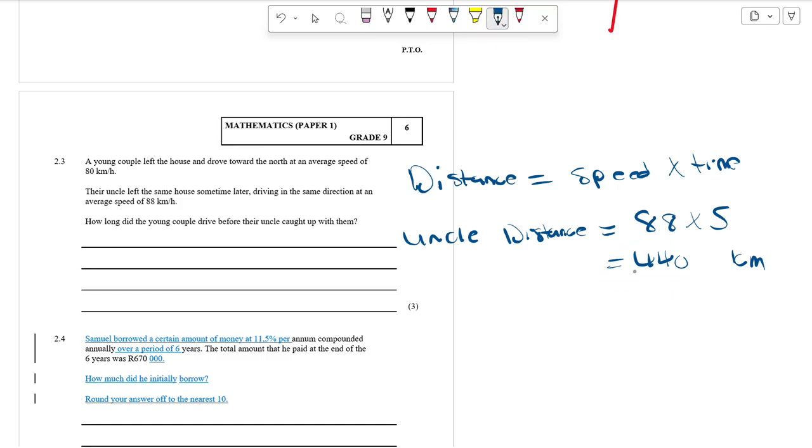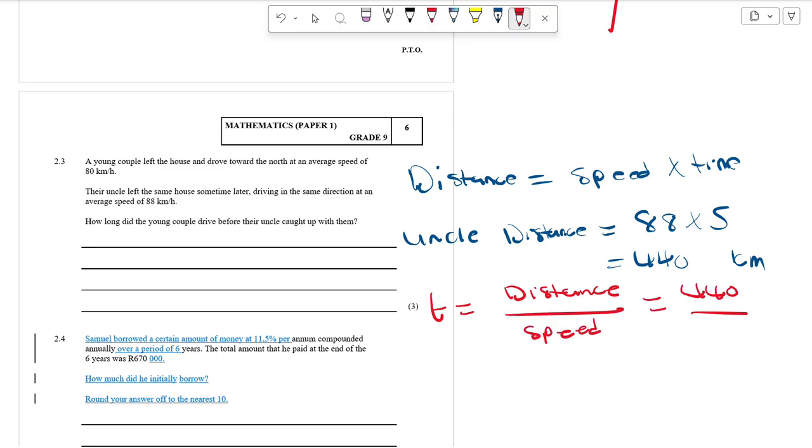Time is given by distance divided by speed. So we say 440 divided by the speed of the young couple, 80 kilometers per hour. Press our calculator, that is 5,5. You see? So 5,5.